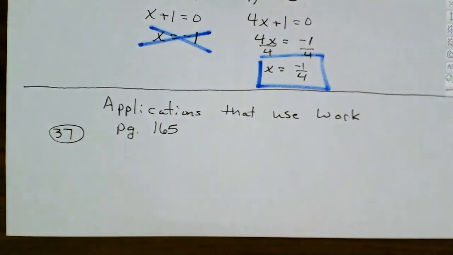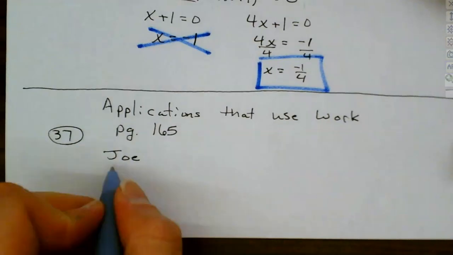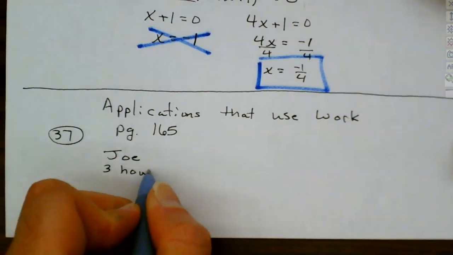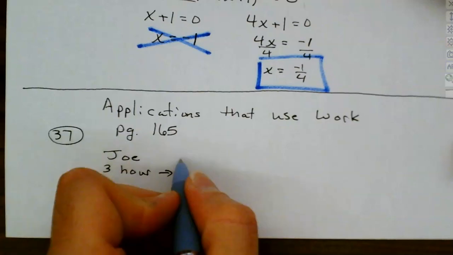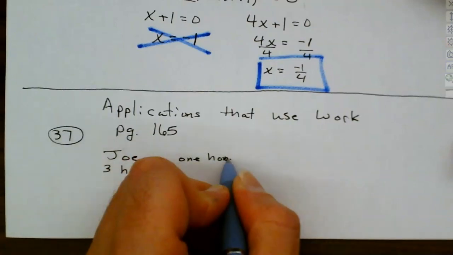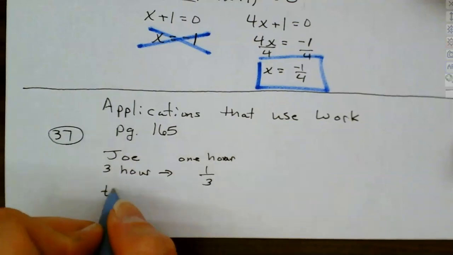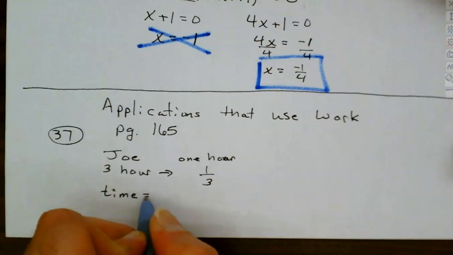These are going to add together because they're helping each other. So we're going to look at Joe first. It takes him 3 hours to paint this house, so how much is done in 1 hour? 1/3.